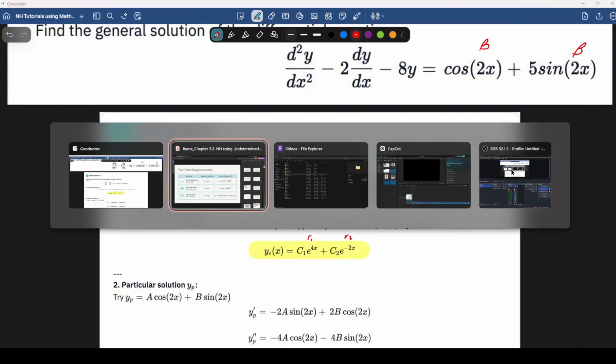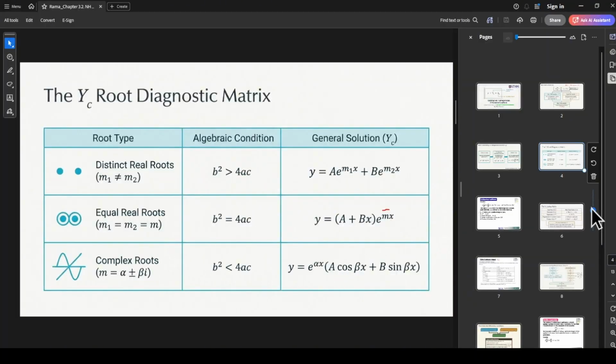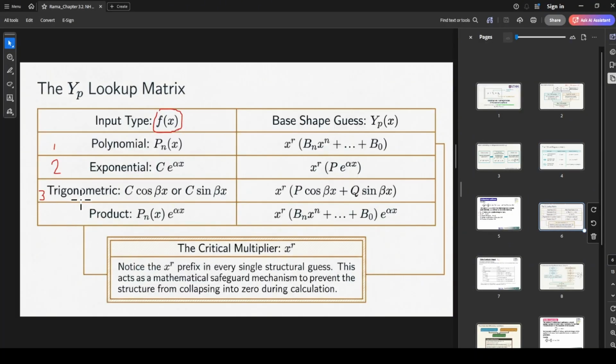According to the particular solution table, for the trigonometric f(x), a cos beta x plus c sin beta x, the general form for yp will be x to the power of r times a constant cos beta x plus a constant sin beta x. We either use a or b, it doesn't matter, but we're going to start with r equals 0 again.